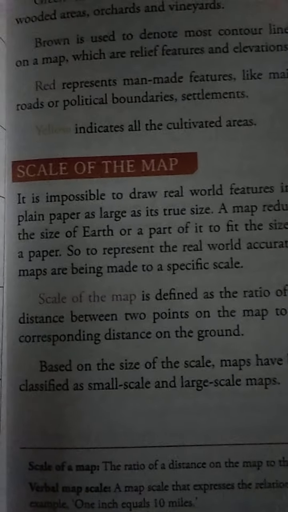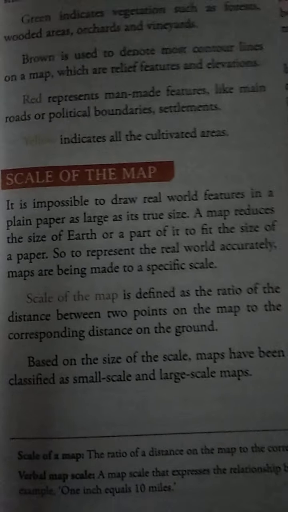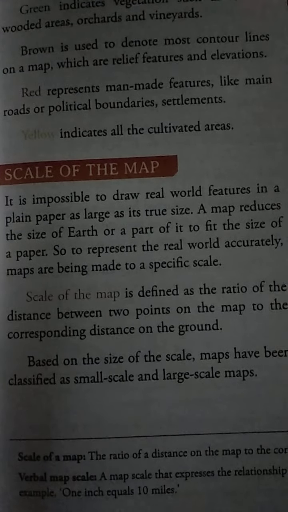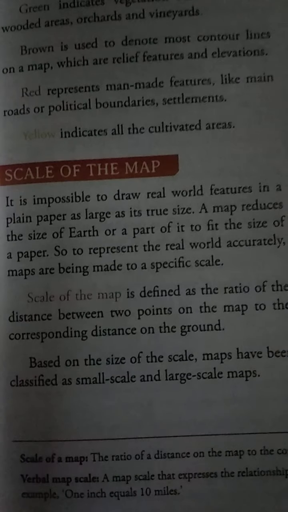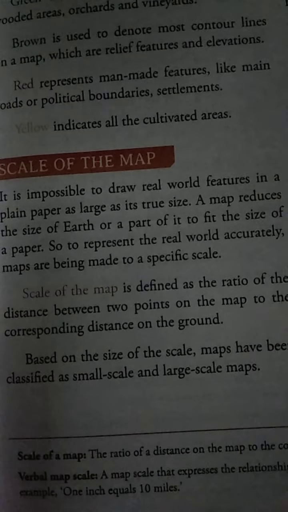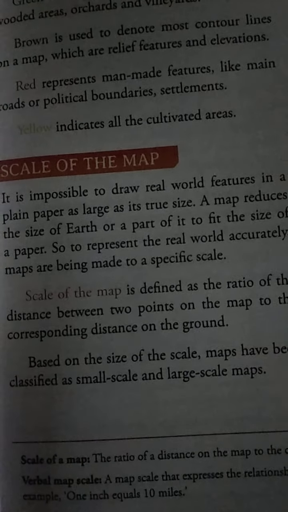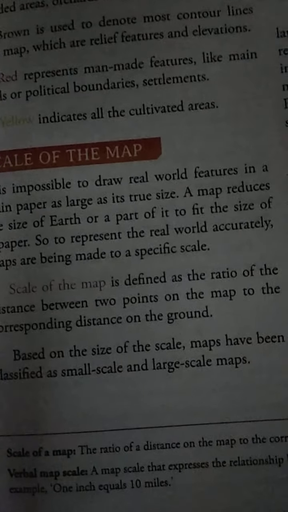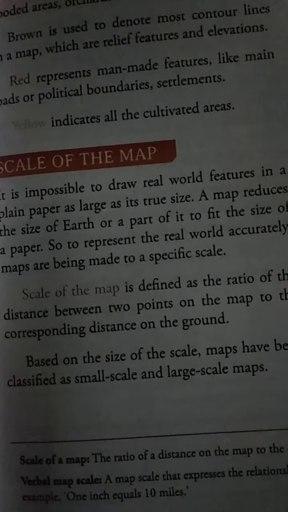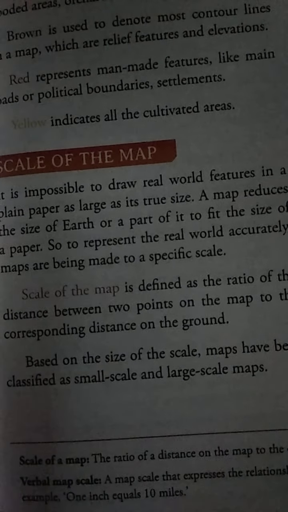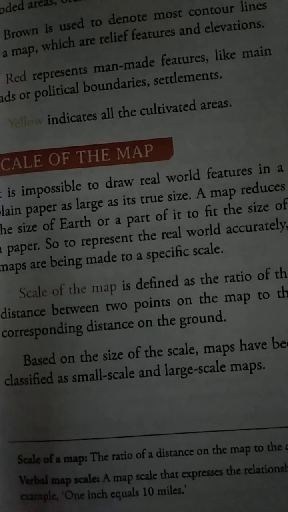Scale on the map is defined as the ratio of the distance between 2 points on the map to the corresponding distance on the ground. That means based on this size, maps have been classified as a large scale map and a small scale map.